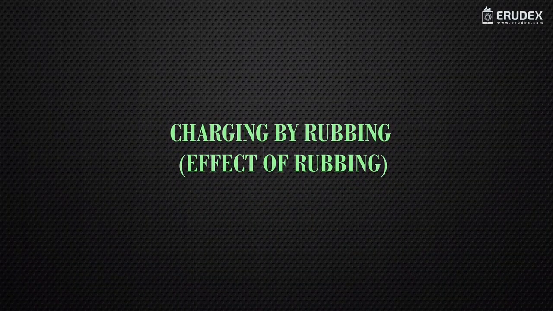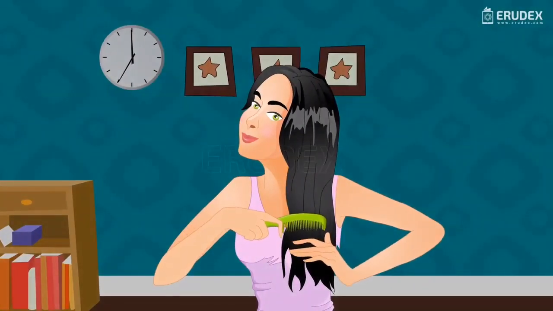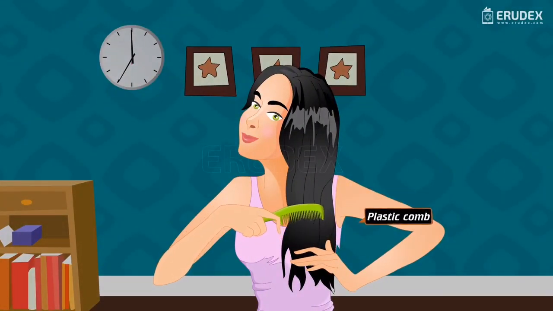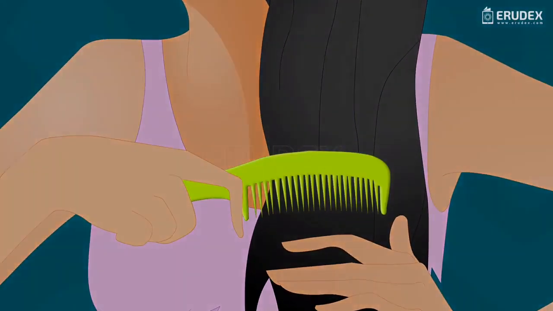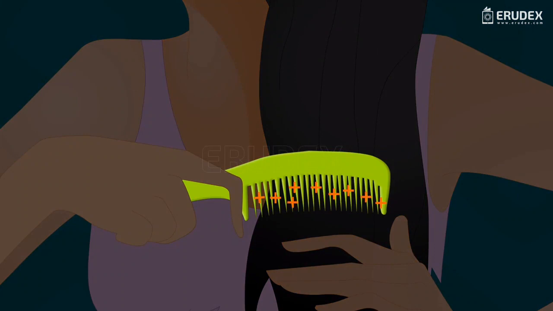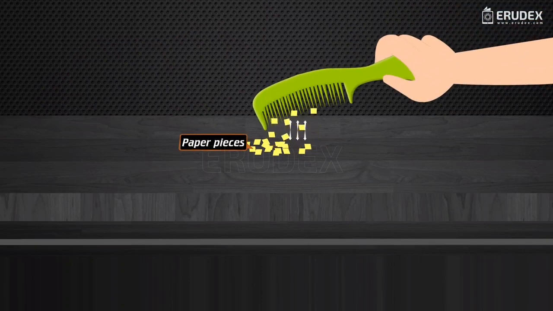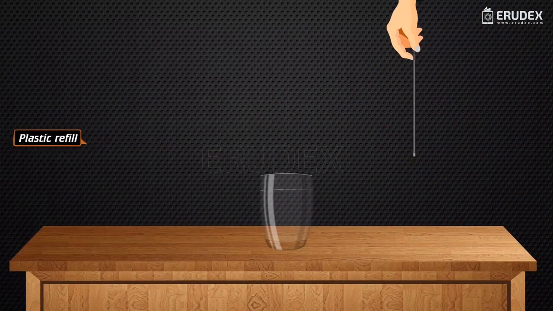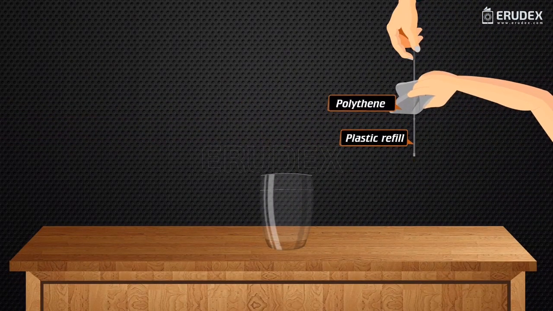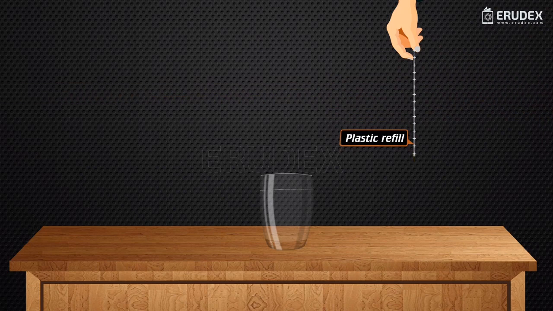Charging by rubbing, effective rubbing. We all know that a plastic comb, when rubbed with dry hair, acquires charge. It can attract objects. When a plastic refill is rubbed with polythene, it acquires small electric charge.